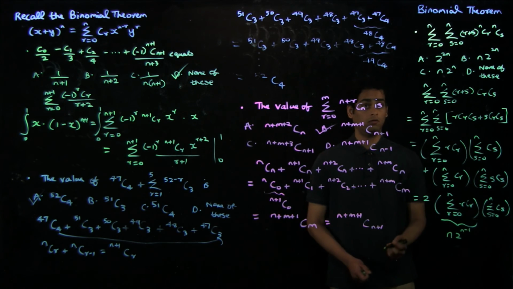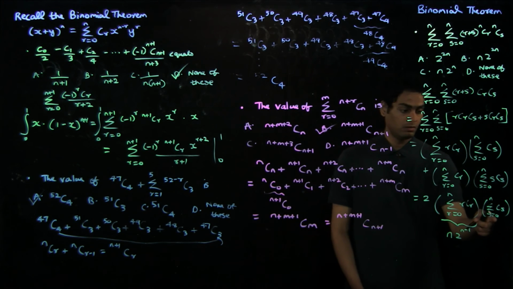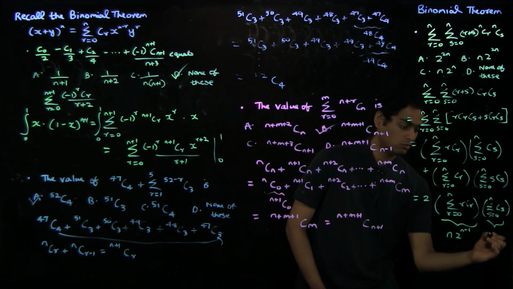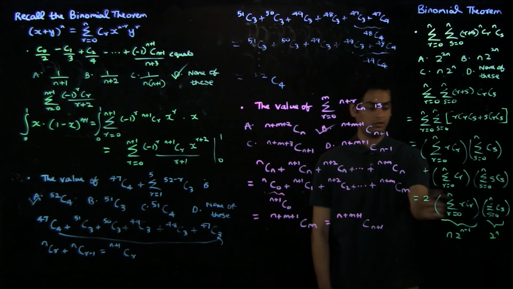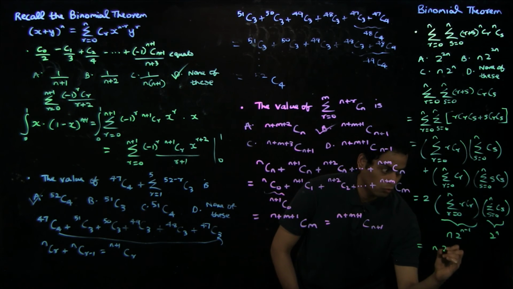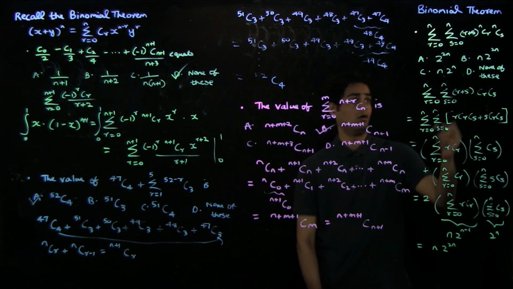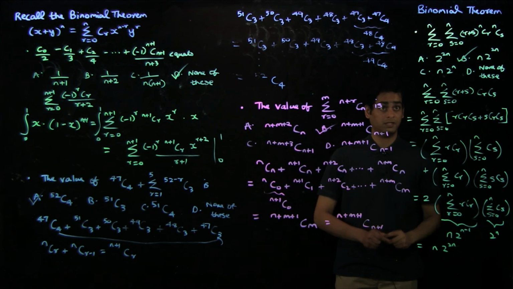So I refer you to our previous lectures where we've derived this fact. Also, we know that the summation of the binomial coefficient is 2 power n. This has also been derived in a previous lecture. So when you put these all together, you get n times 2 power 2n, which is option B. So the right result is option B.